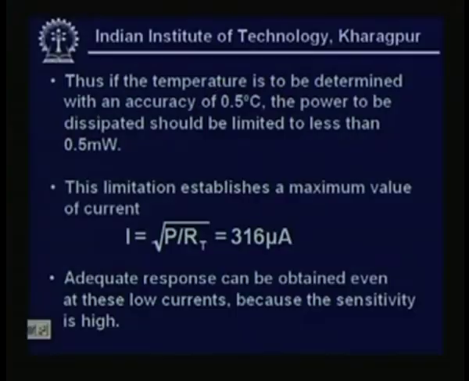So, adequate response can be obtained even at these low currents, because the sensitivity is high. Sensitivity is an advantage, but obviously if you reduce the current, you have to sacrifice some amount of sensitivity, that is quite obvious, you cannot avoid that.